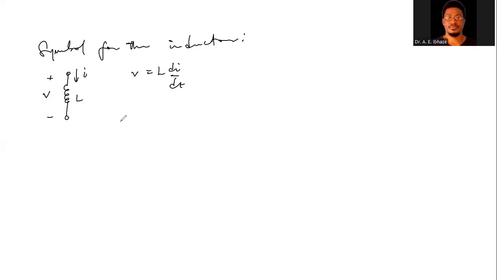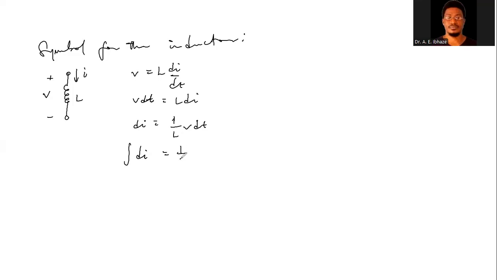For us to now evaluate the current from the voltage relationship, if we cross multiply, v dt is equal to L di. So that di is the same as 1 over L v dt. So integrate both sides.